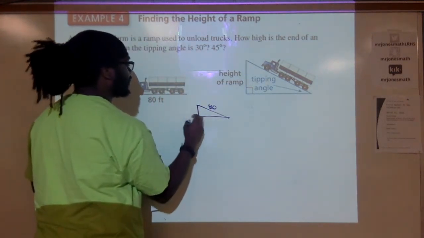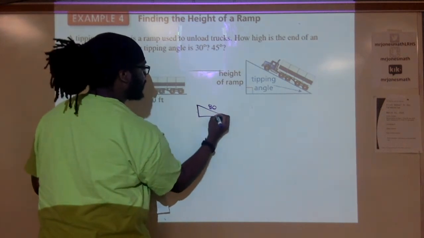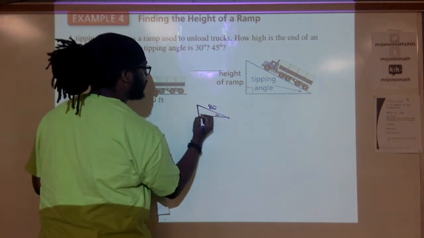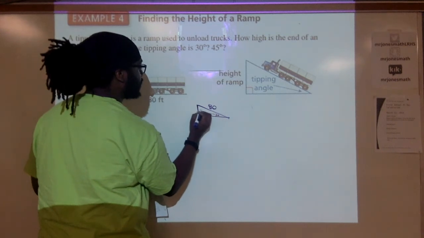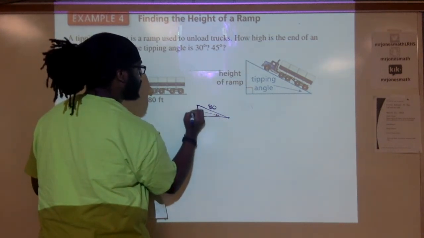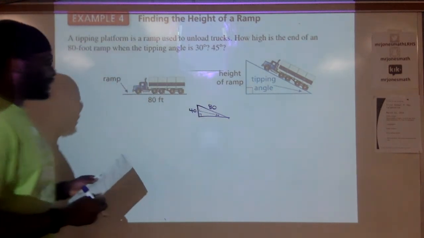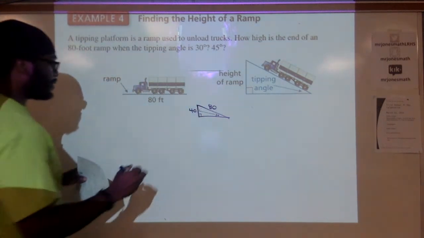The height of the ramp would be across from this 30-degree angle, which is the shortest side, so that would be half of the hypotenuse. So that would simply be 40 feet.